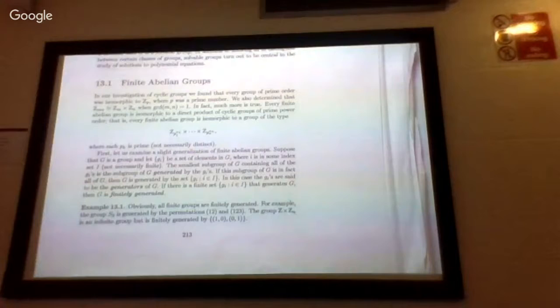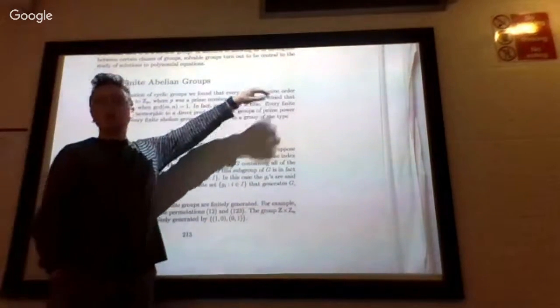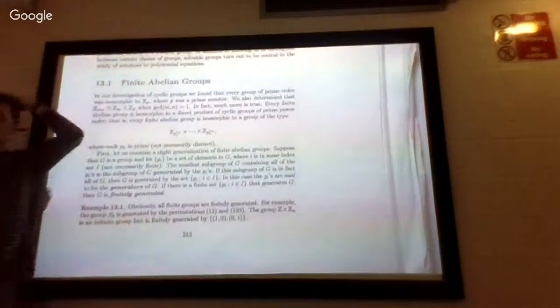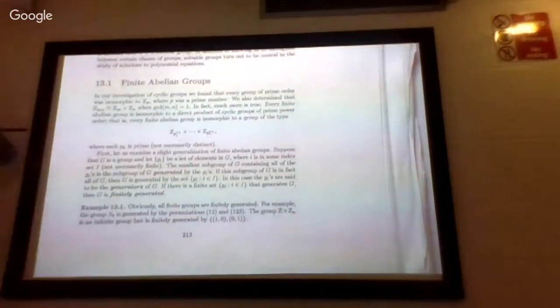Let's recall some facts about cyclic groups that we've done already. We proved already that every group of prime order is isomorphic to Z_p, the cyclic group of that order.